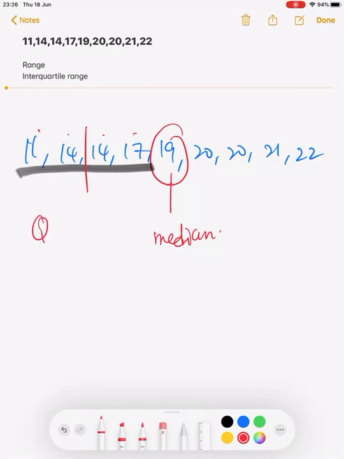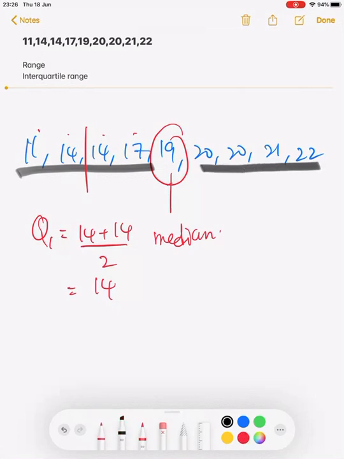So Q1 is 14 plus 14 over 2 equals 14. Now the third quartile. Look at the data on the right side and find the middle position.